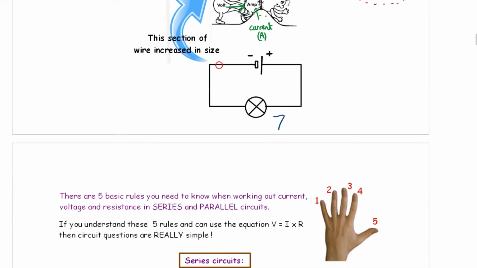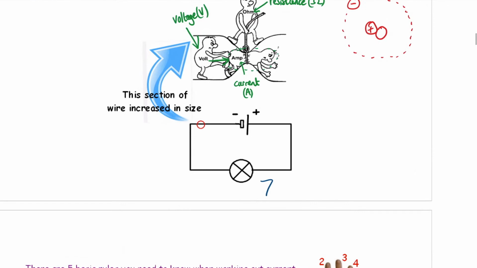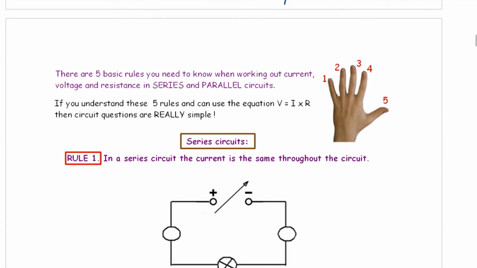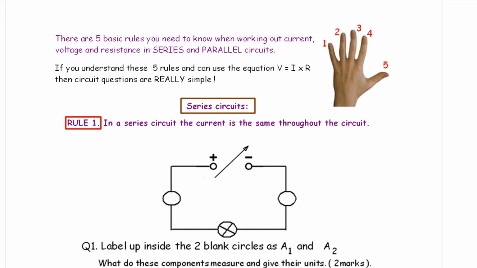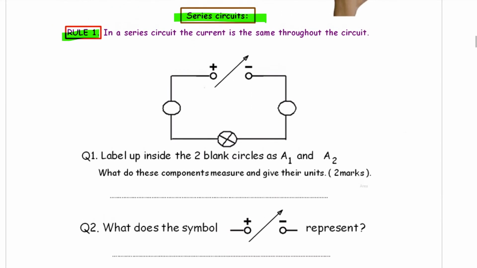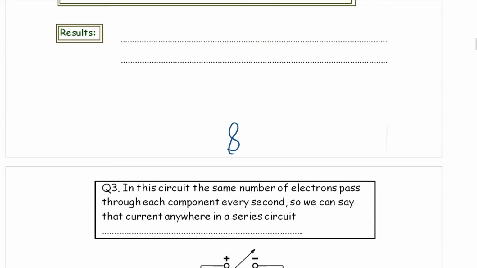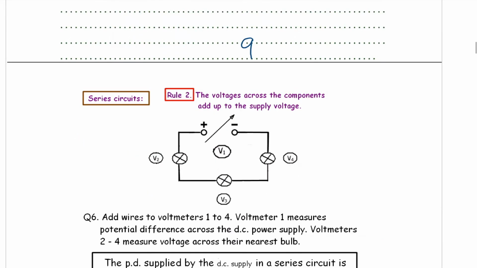Now, next we are going to learn 5 different rules, and you have to learn how to apply these rules to different circuits. For today, we are going to learn rule 1. That's for a series circuit, and rule 2 also for a series circuit.